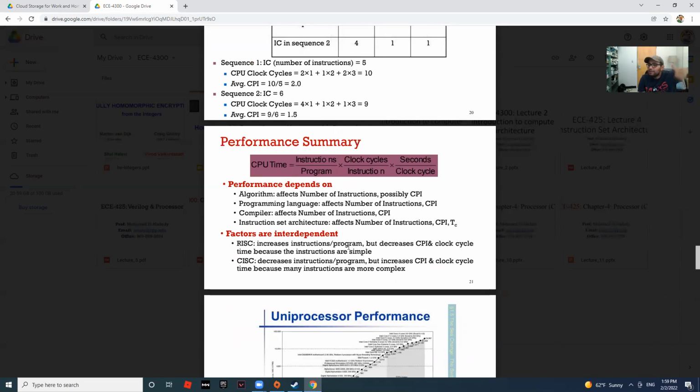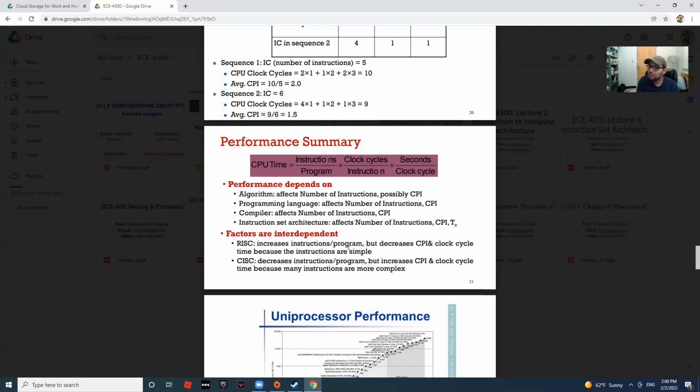Now we look into the performance study. If you remember, at the beginning of the lecture today we talked about the algorithm, the programming language, the compiler, and the number of instructions per program. Let's see how CPI will work with it. The algorithm's number of instructions will affect the total performance, so CPI is a good indicator of algorithm performance.